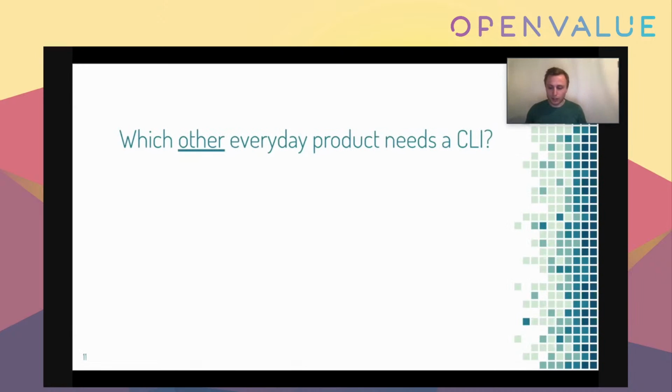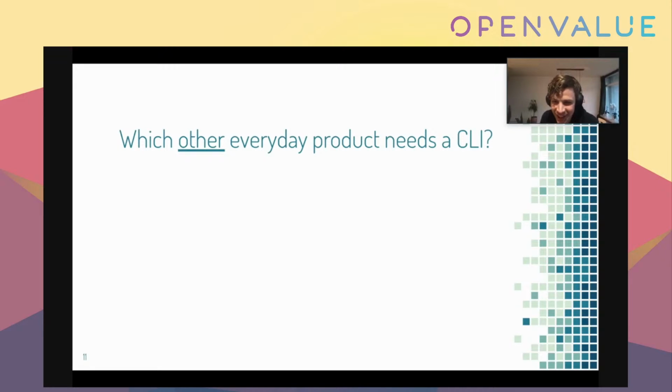So I talked about Stream Machine, and I would like to see if you can guess this. Which other everyday product needs a CLI? So Paco, can you help out here? See if people say something. Yes, if you have any answer, please put it in the chat.